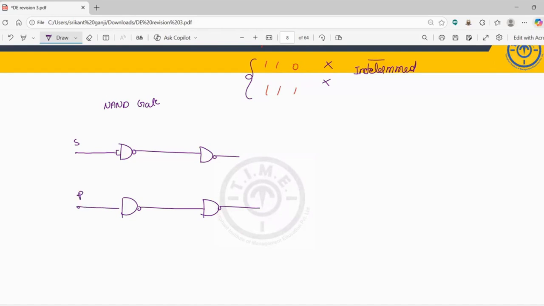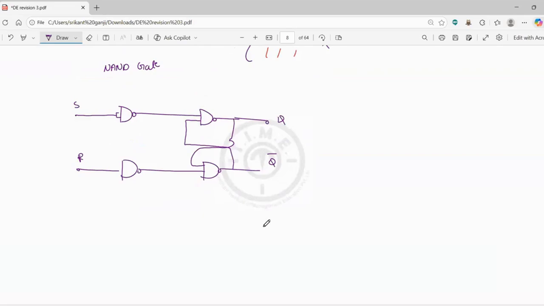This one is called the reset. This input is given to the output, as well as the output of this one is given to the input of the second one. Let us say this is Q and this one is the Q bar. Here we are not applying any gate, so there is no control. That's why we are waiting for the gated SR latch.